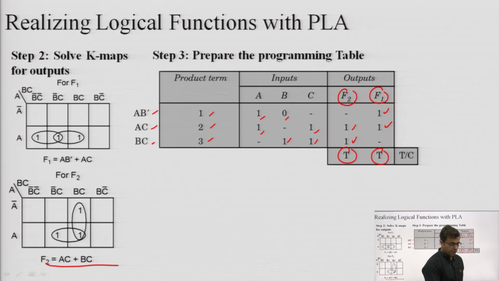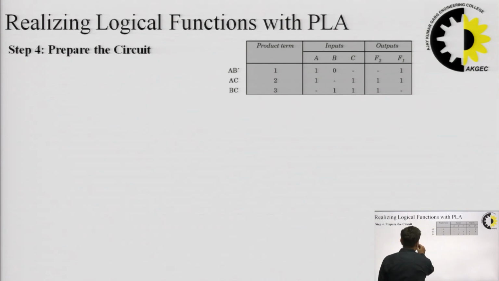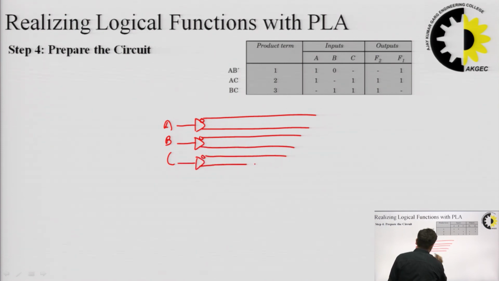So let's make the connections. There are 3 inputs, A, B and C, and there are 3 products.